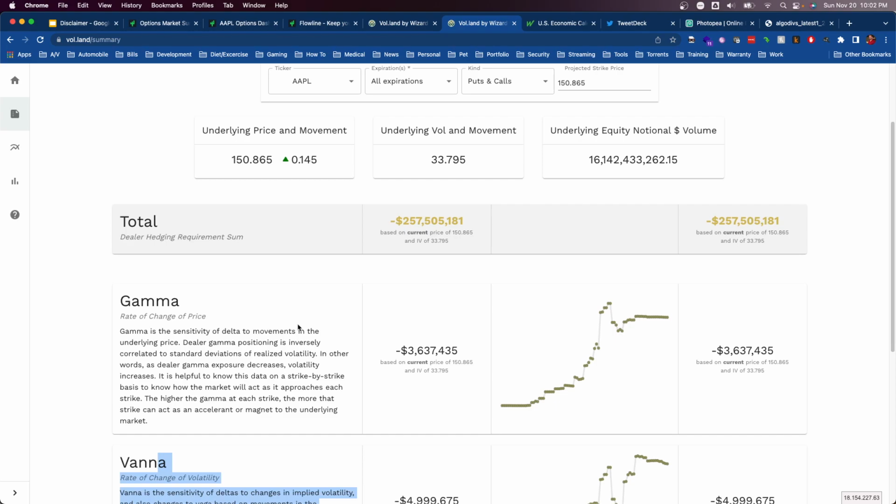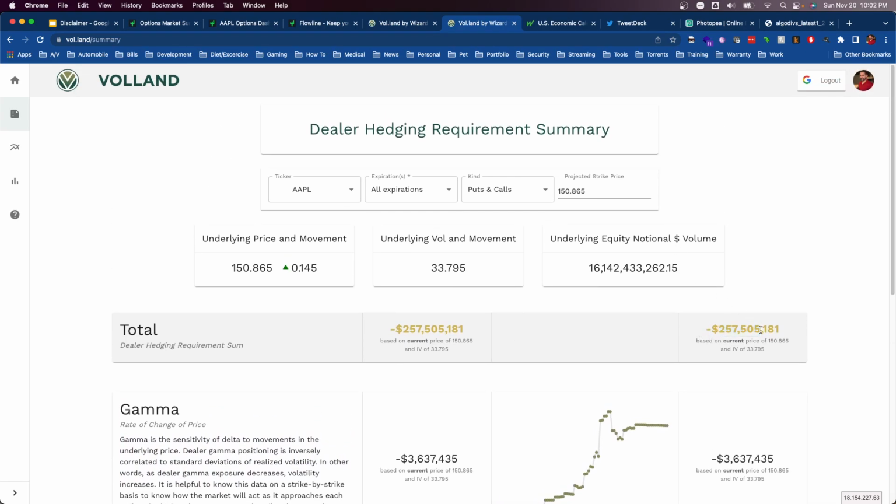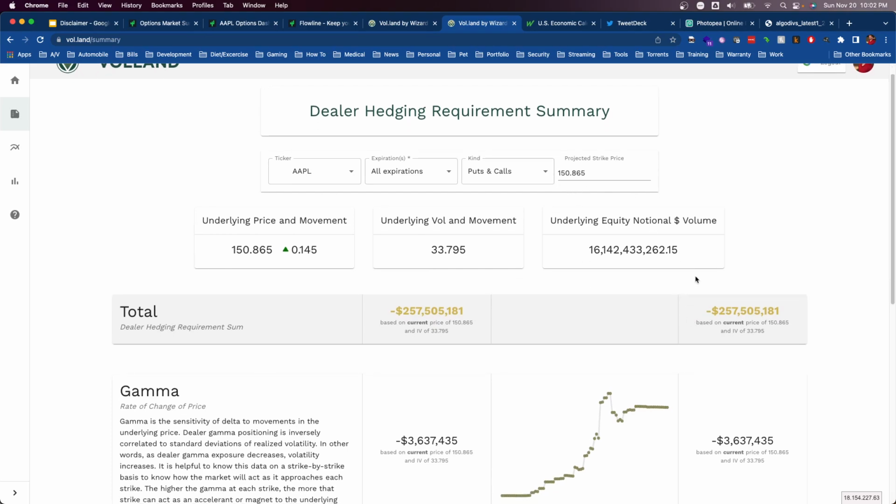Definitely check that out if you're not sure what these mean, but this also does give a nice explanation. And we can see that right now they're short negative $257 million. Now compared to that 16 billion, that doesn't seem like a ton, but that can be rather significant shorting at this level. So we know that market makers are short when Apple's at this level.